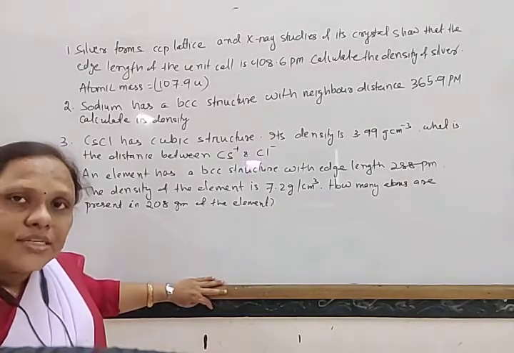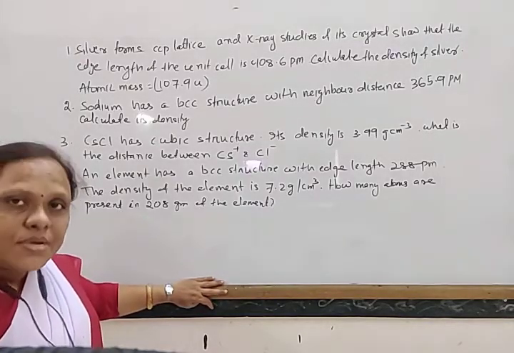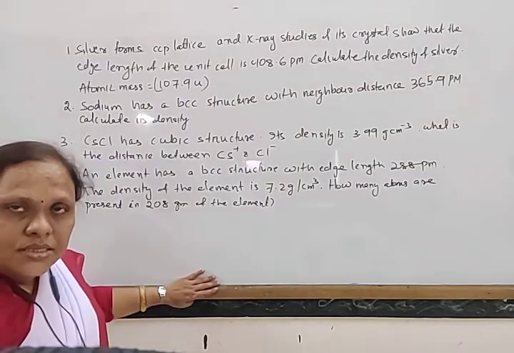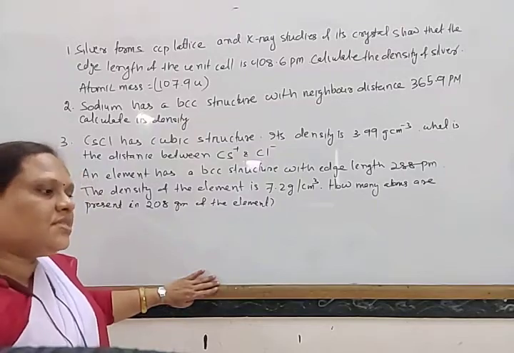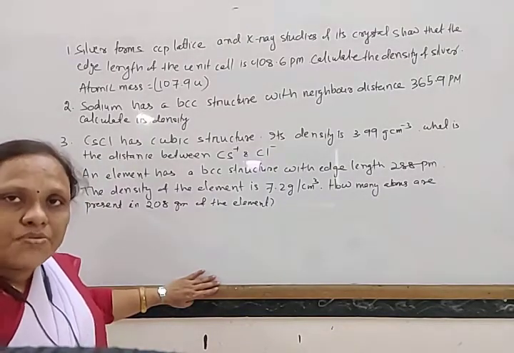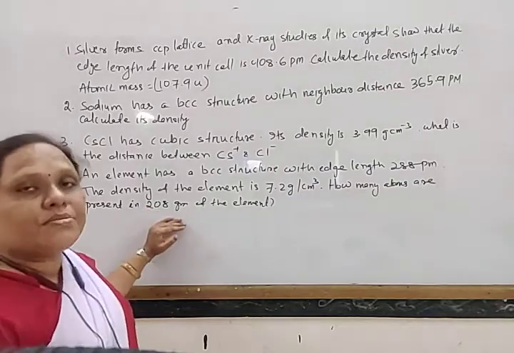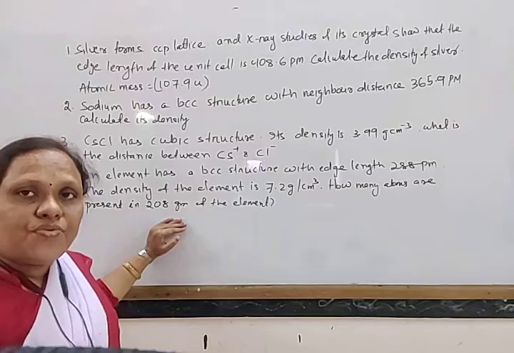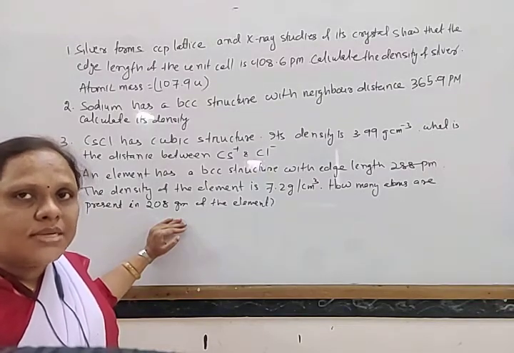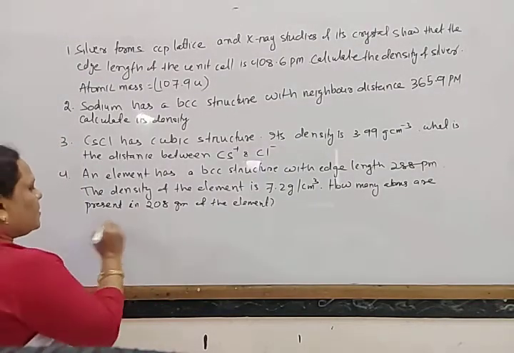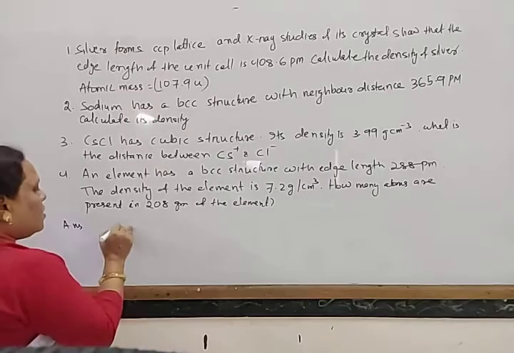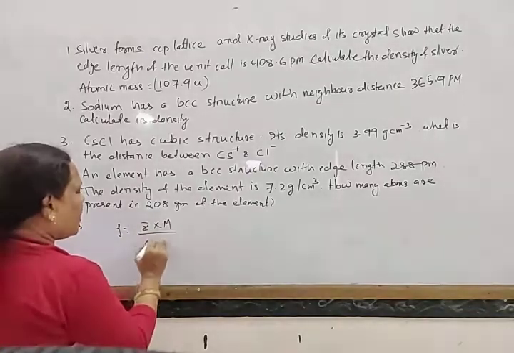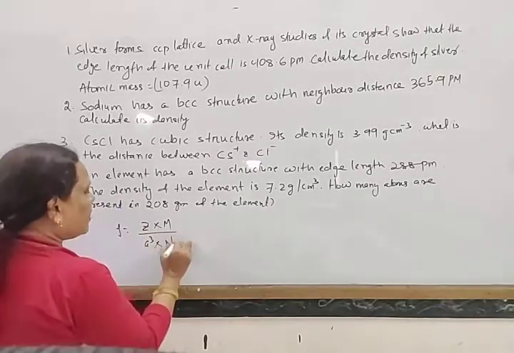So from here, first we have to find out the atomic mass of the element. As we find the gram atomic mass of the element, that is equal to 1 mole. 1 mole contains 6.02 into 10 to the 23 atoms. In this way, we can calculate how many atoms 208 gram contains. So we know rho equal to Z into M by a cube into N naught.